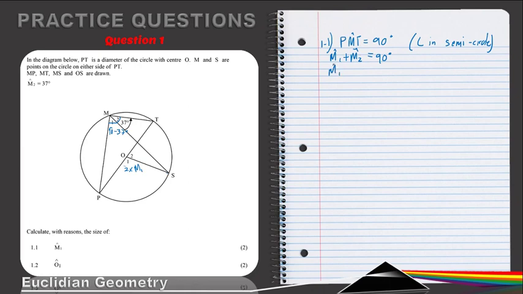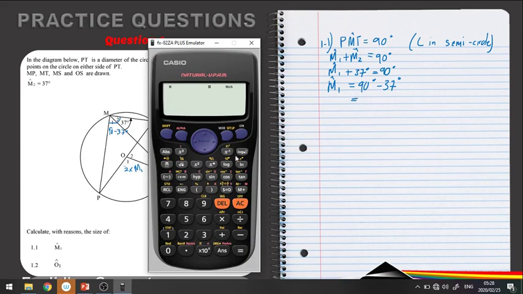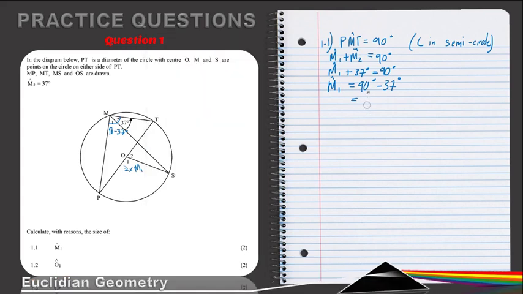So M1 plus 37 degrees equals 90 degrees. So M1 is equal to 90 minus 37. So that gives me 53 degrees.